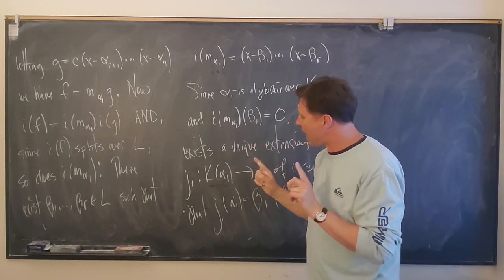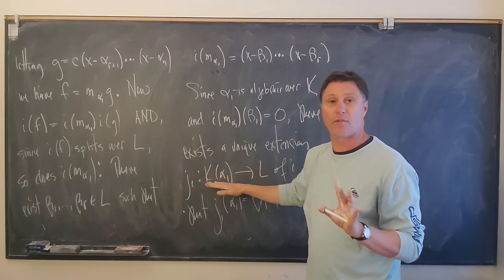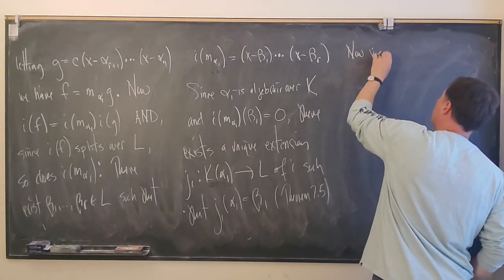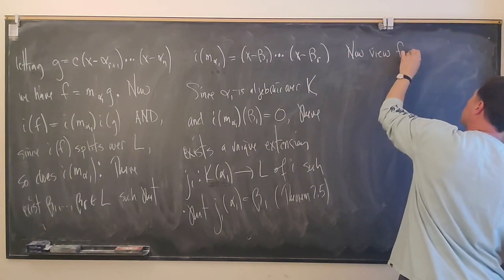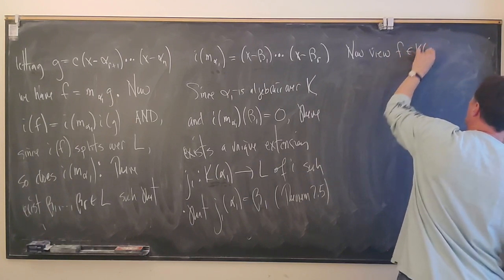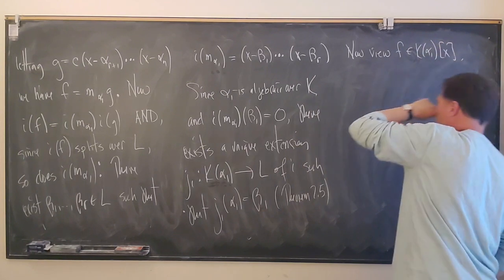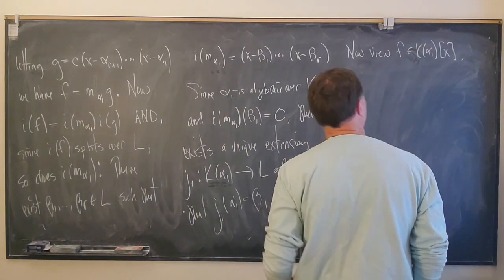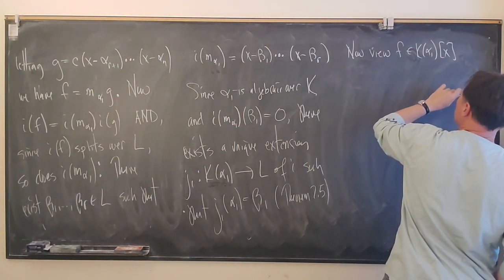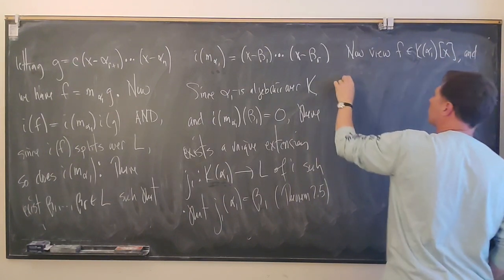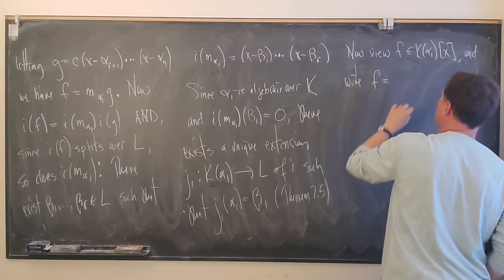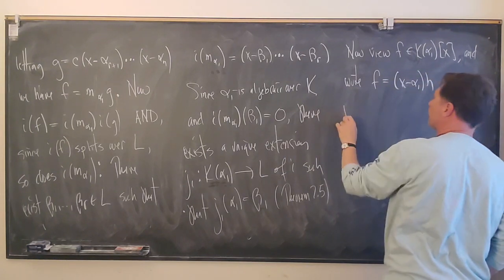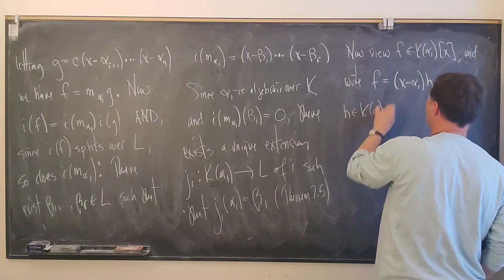So I can view f as an element of K adjoin alpha 1 bracket x, and write f equal to x minus alpha 1 times h, where h is also in K adjoin alpha 1 bracket x.